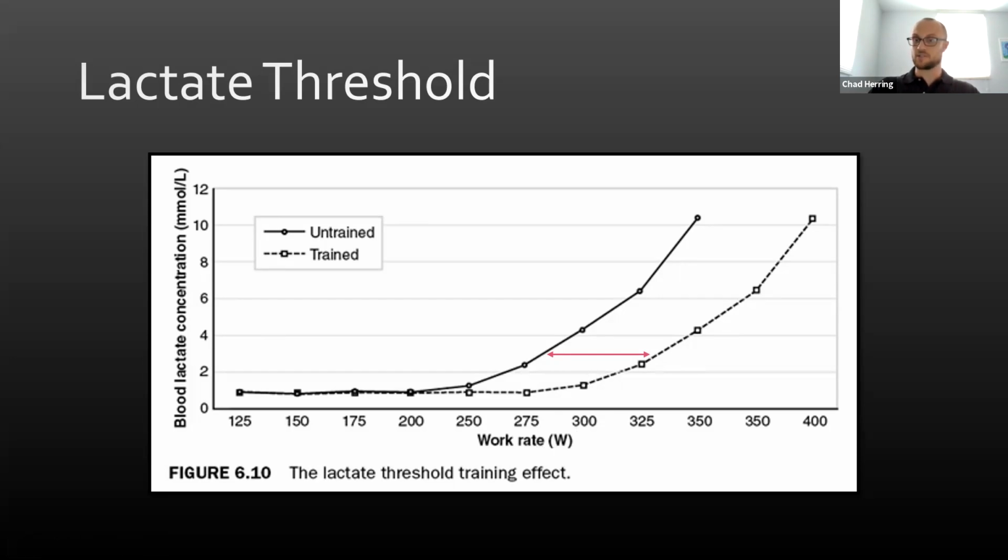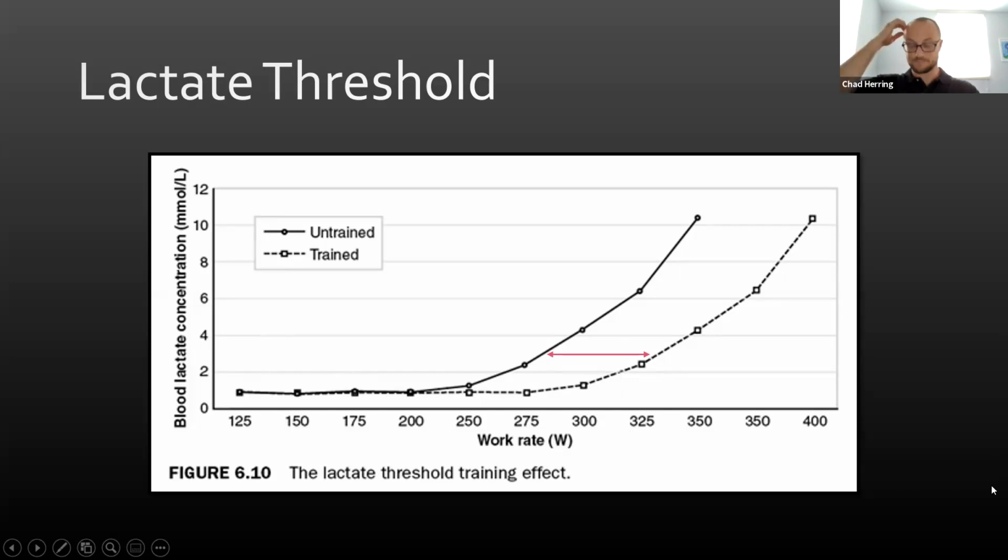After an individual goes through a training program, where they could work at 275 watts while producing that certain lactate, now they can work at 325 watts. So they have more power at the same lactate level.